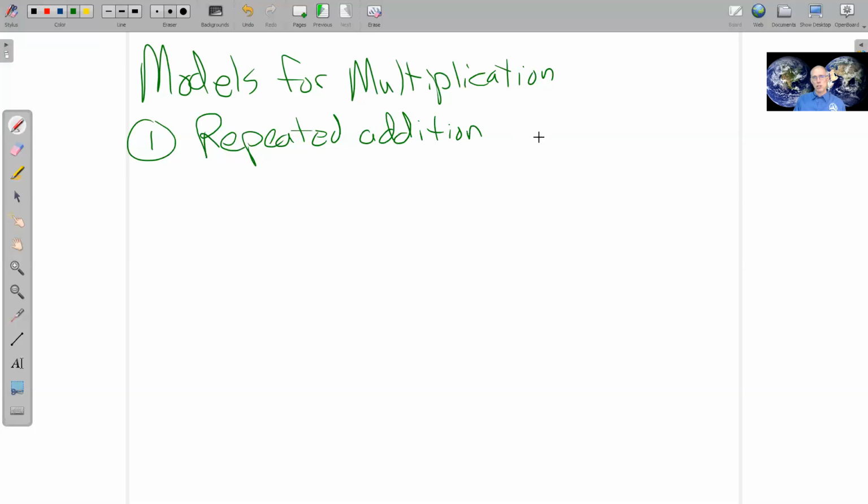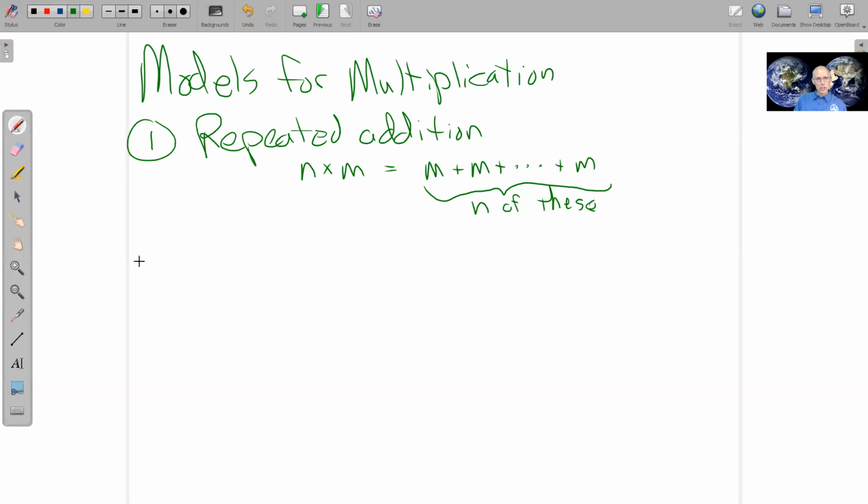So the definition in a book might say something like n times m means that you have n groups of m. So you have a whole bunch of m's added up. How many of them you have? You have n of these. And so that's the definition, the standard one. It's also a model because we can get physical and show it.